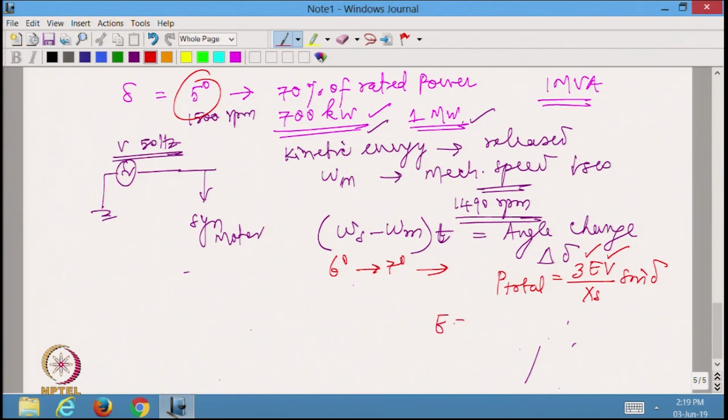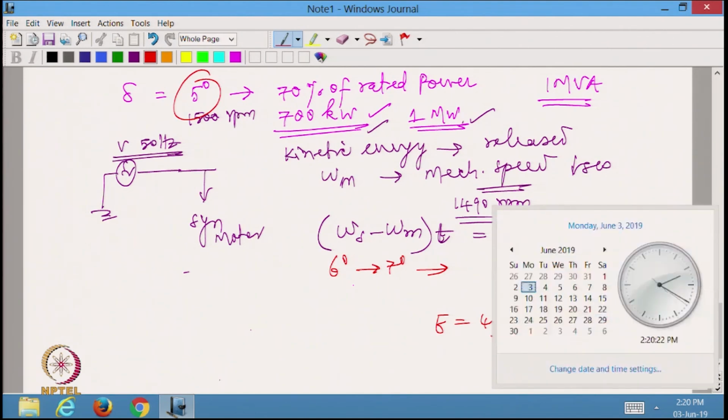Please note E is equal to 4.44 f phi number of turns multiplied by K winding factor. This we derived a few classes ago. The flux will not change if I do not change the excitation. Frequency cannot change because it is connected to infinite bus. Number of turns cannot change because it is the structure of the machine.